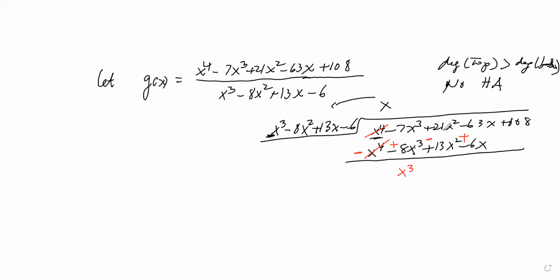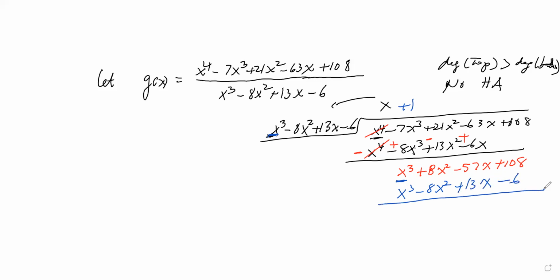And 21 minus 13 is 8, so this is plus 8x squared, and then this is negative 57x, and we'll do it again. So we take this and divide it by x, so that's plus 1, and that's x cubed minus 8x squared plus 13x minus 6.